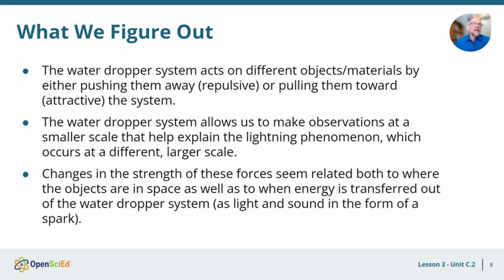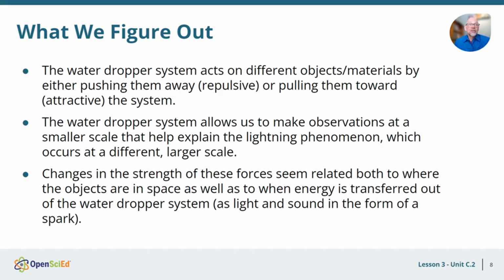For this lesson, I'm looking to have my students walk away with 3 big takeaways. First, we will see that the water dropper system acts on objects by either pushing or pulling them, repelling or attracting them towards the system. We consider that the phenomena we see with the water dropper system allow us to compare actions at a small scale that are similar to the larger scale of lightning.